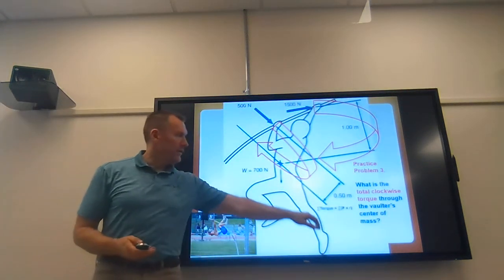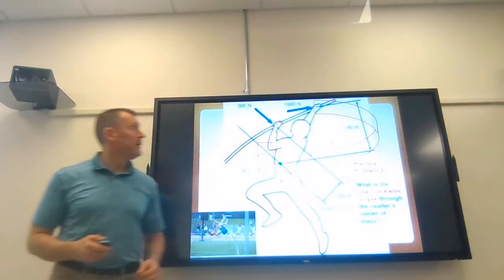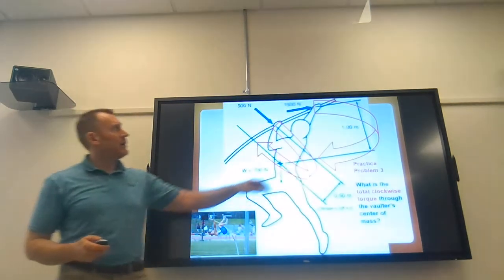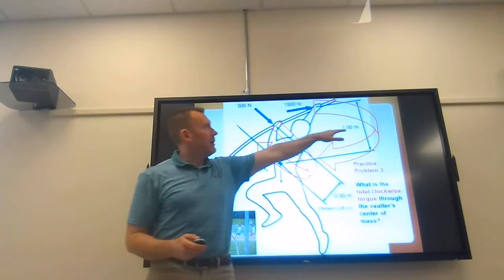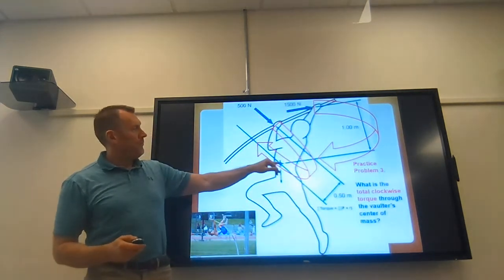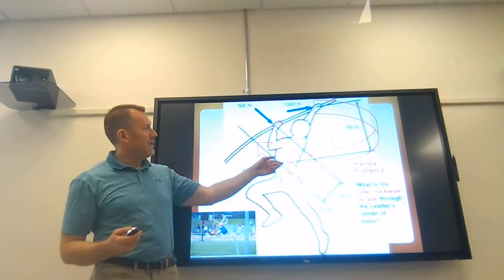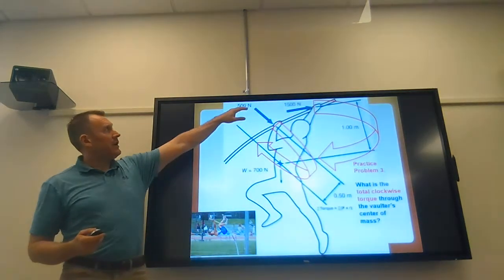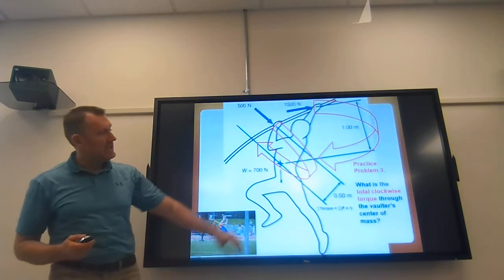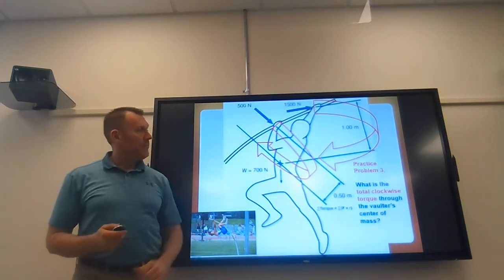So you'd want to add up all the torques that are acting on the vaulter's body. So you have one here of 1,500 newtons that's acting 1 meter from the center of mass or center of gravity. That's the rotation point. Then you have another force that's acting 0.5 meter from the center of mass.